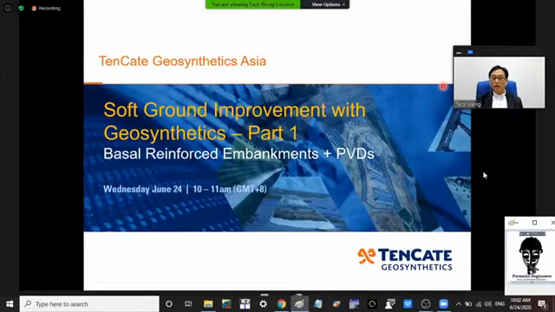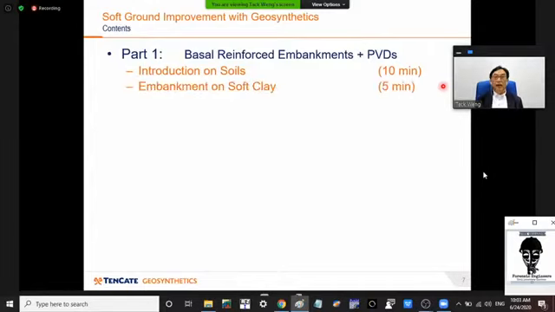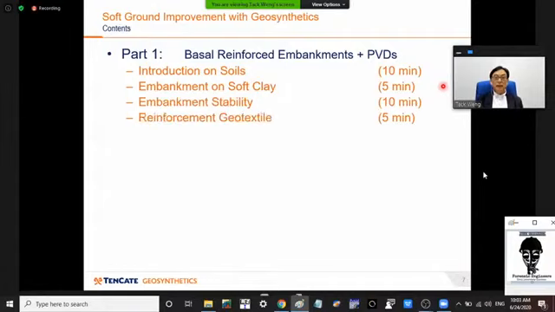The topic of soft ground improvement with geosynthetics will be conducted in two parts through two webinar sessions. The webinar session now covers part one, which is on basal reinforced embankments and PVDs, and will last for roughly 1 hour. It will cover a brief introduction on soils, and I'll talk about embankment on soft clay, in the design aspect of embankment stability, and covers the use of geotextile reinforcement.